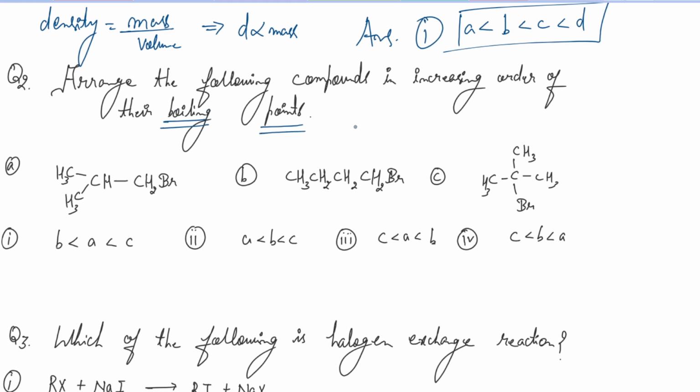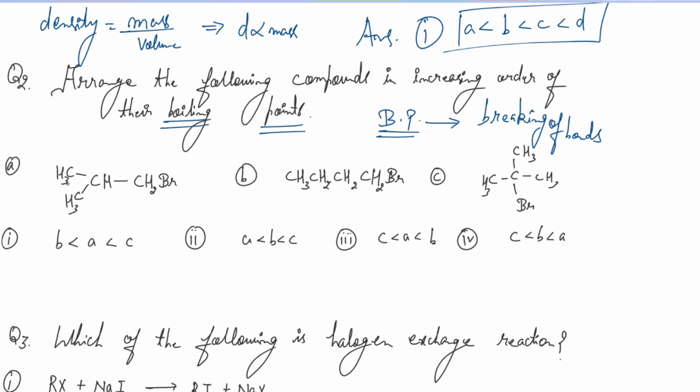Whenever we are talking about the boiling point, it means the breaking of chemical bonds. So bonds will break, then you will achieve the boiling point. In these three options, you need to check in which case the bond breakage is easily favorable.